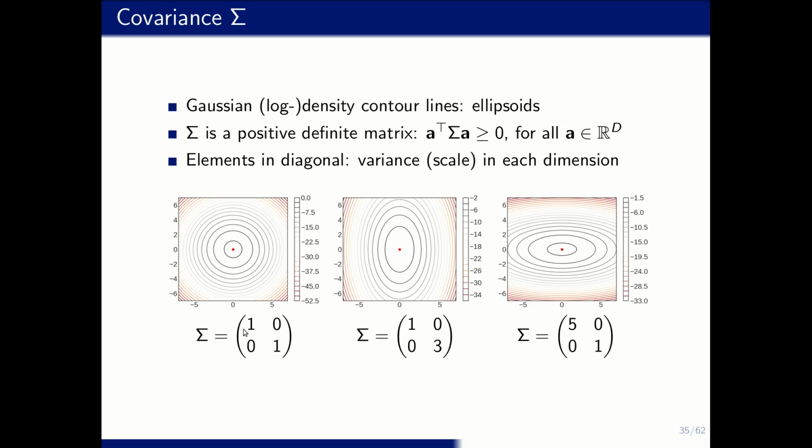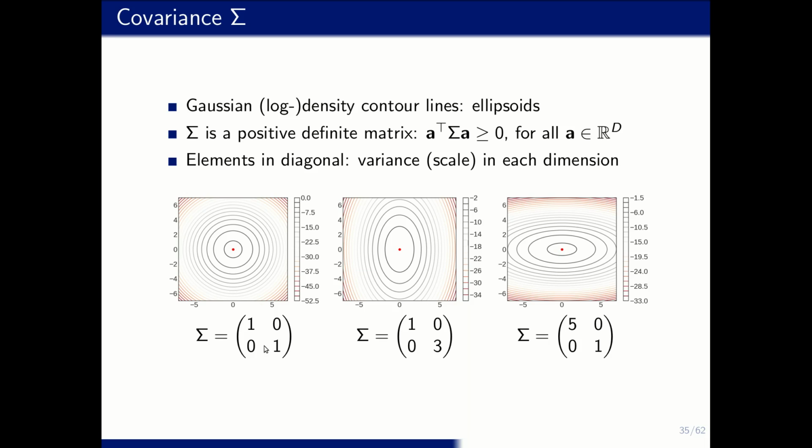And vice versa, if we change the second dimension back to 1 and the first dimension to 5, we see a high variance in the first dimension and only unit variance in the second dimension. So the on-diagonals are essentially variance terms, and the off-diagonals are essentially covariance terms.